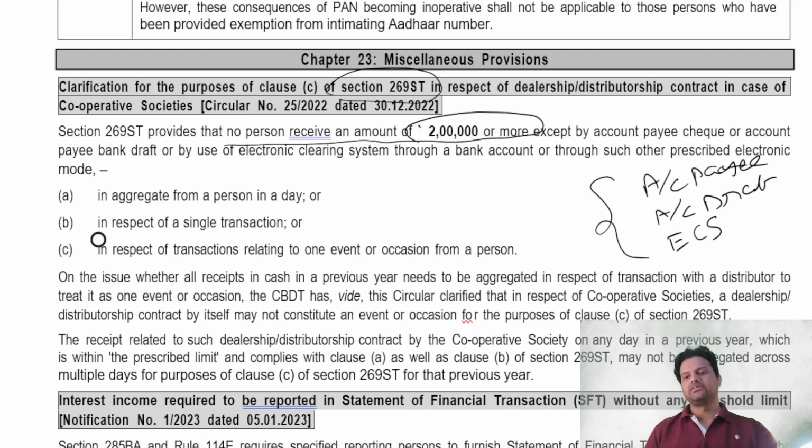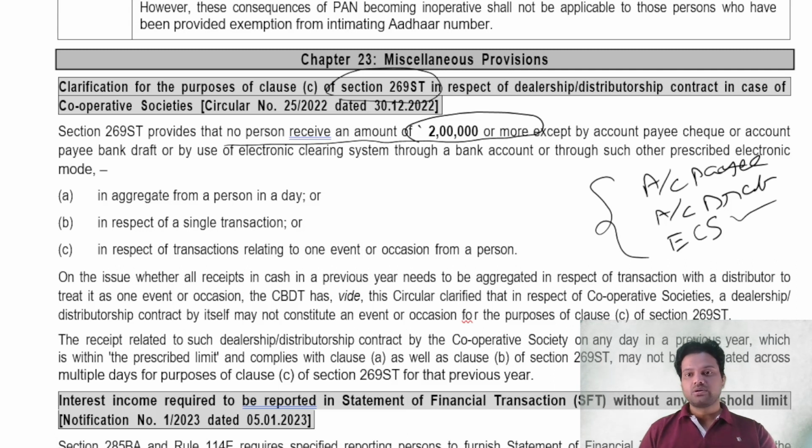ECS means NEFT, RTGS or IMPS, any electronic clearing system mode. If any person receives an amount of 2 lakh or more otherwise, then he has to pay a penalty equal to the amount of the receipt. If he receives 2,50,000, a penalty of 2,50,000 will be levied.